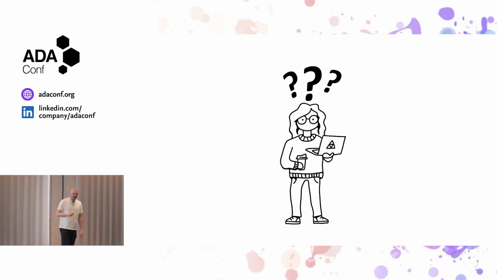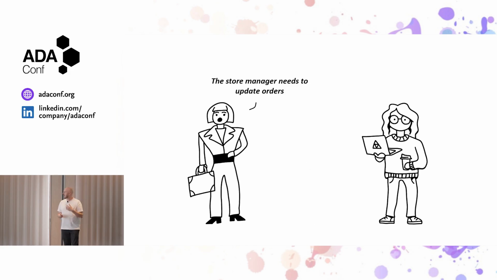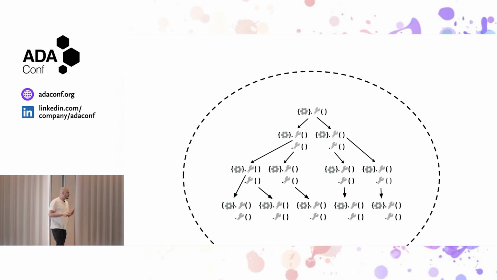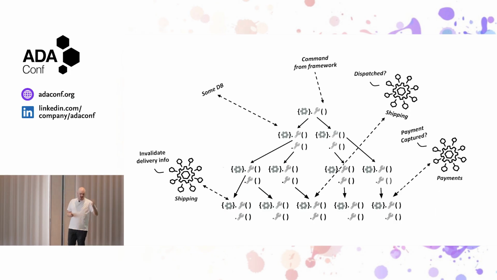And again, if we were to ask ourselves questions like, at what cost have we solved this problem, we're going to get pretty similar answers because our problem was the store manager needs to update orders, and to prove that we've done that consistently and that works, we'd have to test this outermost scope again, which in this scenario would be even trickier with all that I/O of databases and the in-process calls to other microservices that maybe we should not be doing.